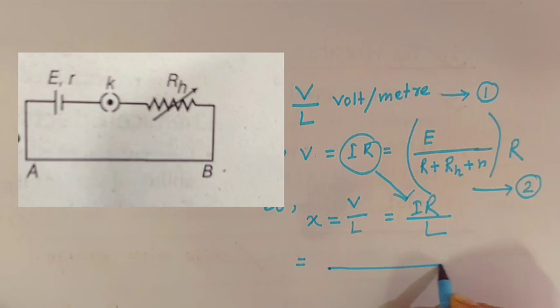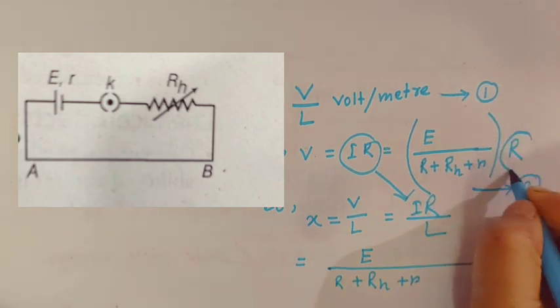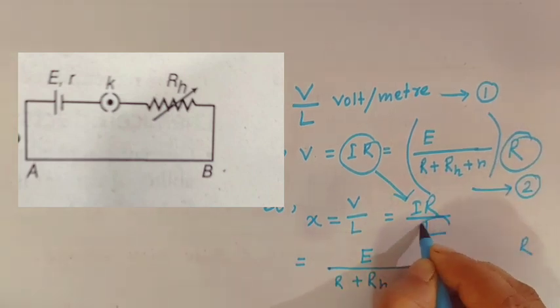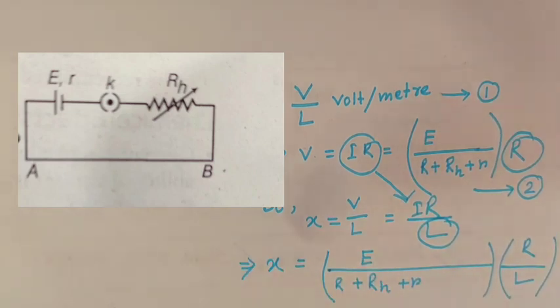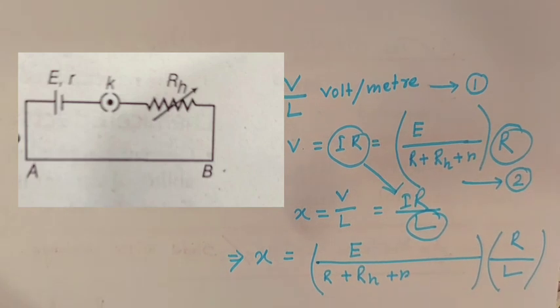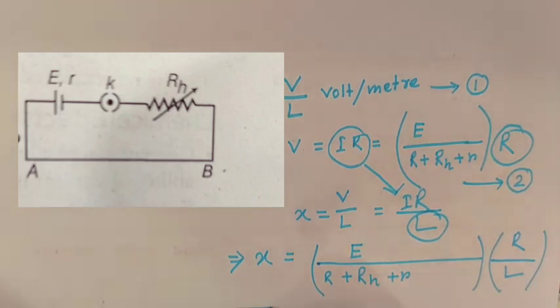Now what is the value of I? I = E/(R + RH + r), and here we have R, so R, and this L. You can write it as x = (E/(R + RH + r)) × R/L. Clear? So this is the expression for potential gradient x. Using the potentiometer we can find out the potential gradient also.